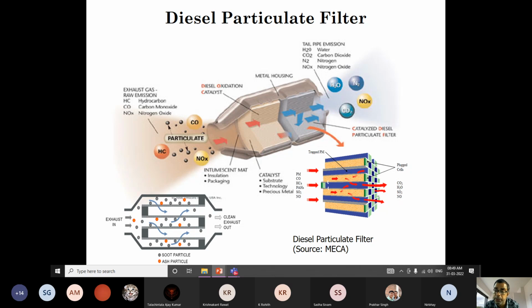But after some time, who is going to be responsible if the emissions certificate is not fulfilled? Is it the owner?